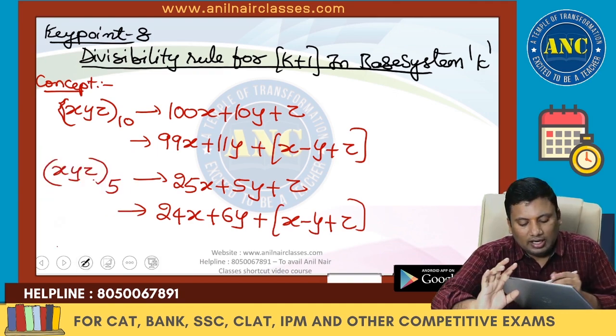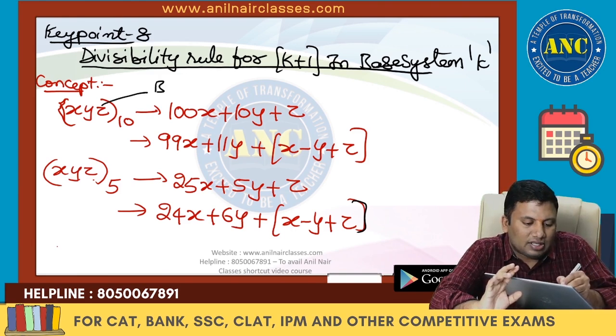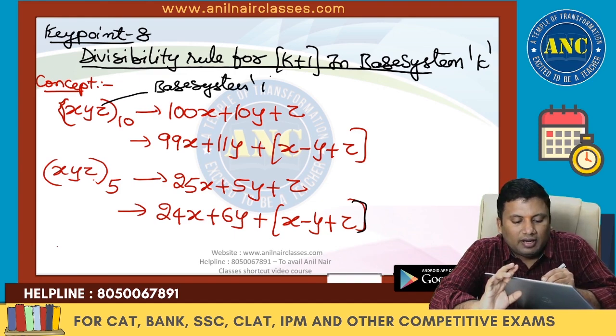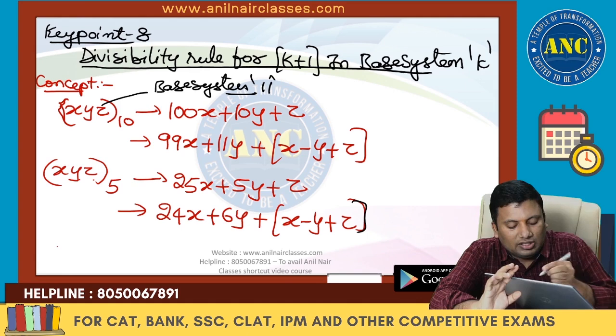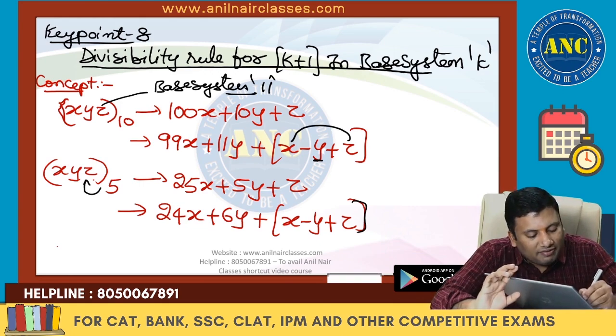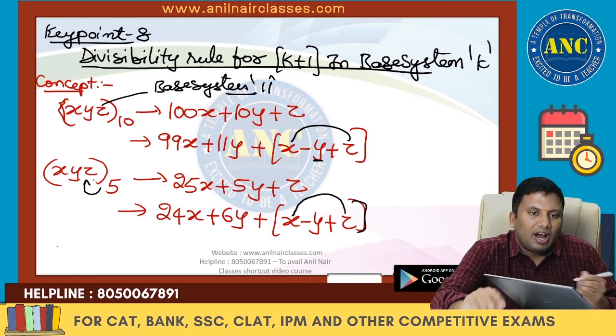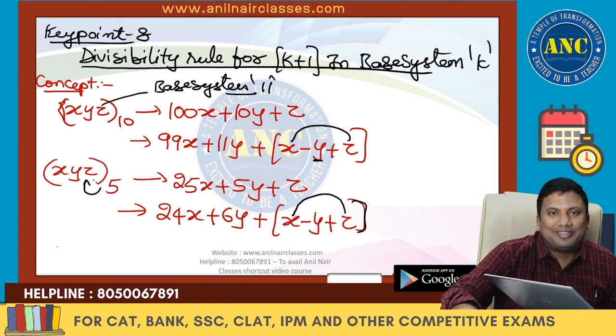Now if you observe closely, in base system 10, for 11, the divisibility rule is the sum of the odd places minus the sum of the even places. In base system 5, the divisibility rule for 6 is the sum of the odd places minus the sum of the even places.